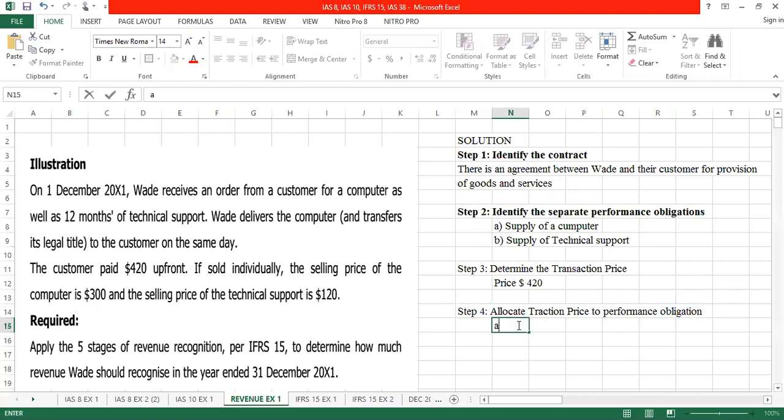So obligation A, supply of computers, is equal to $300. I hope you can see the $300. B, supply of technical support, is equal to how many dollars? $120. I wanted to finish this before 7 so that we continue.